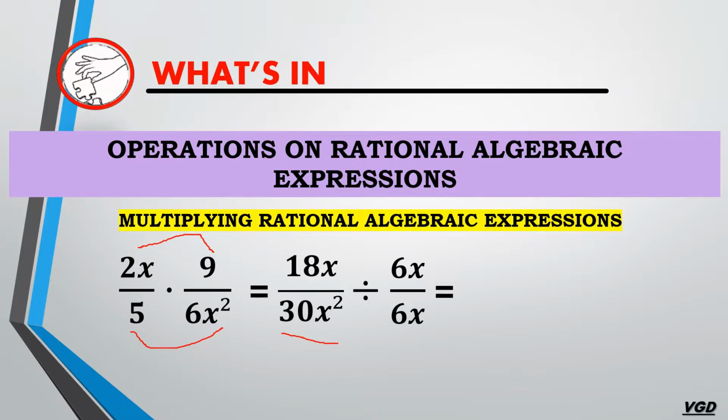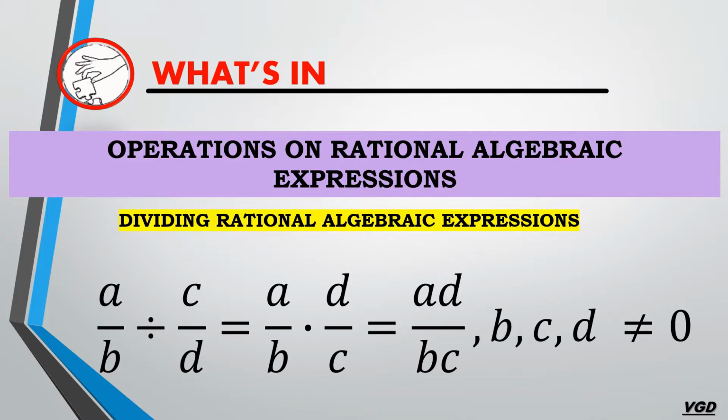For the literal coefficient, x and x squared, we just copied the variable which has the least exponent, which is x. Now let's simplify. 18x divided by 6x is equal to 3. And 30x squared divided by 6x gives 5x. So always remember our law of exponents.